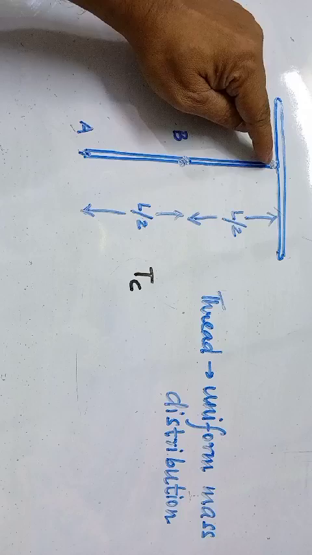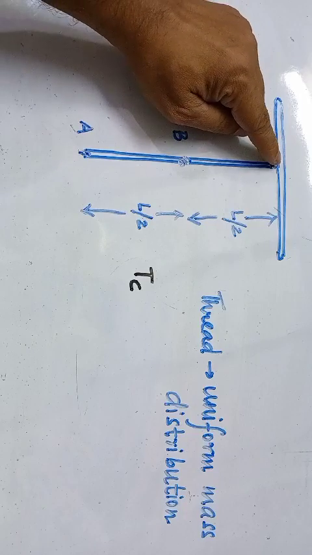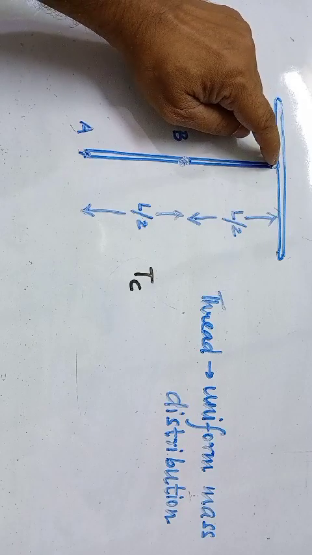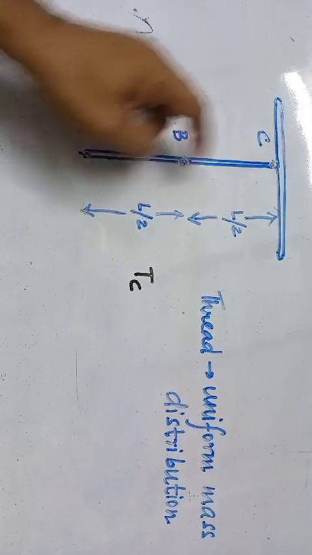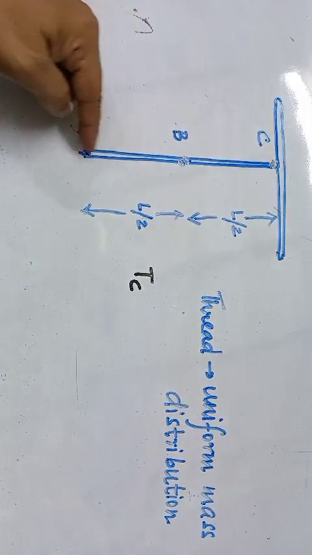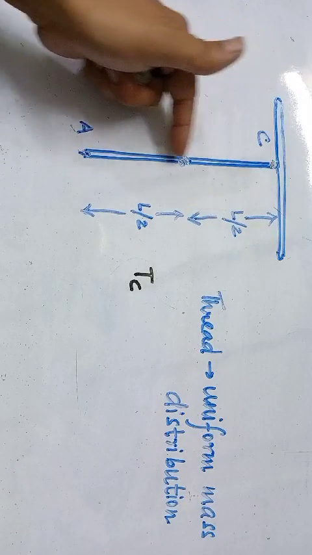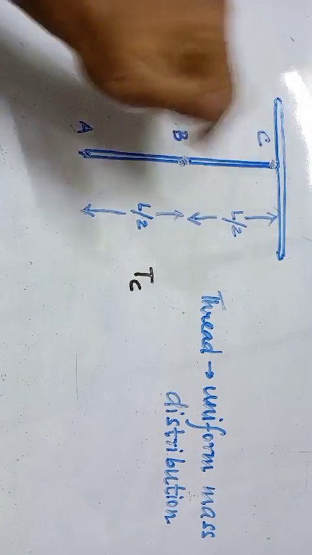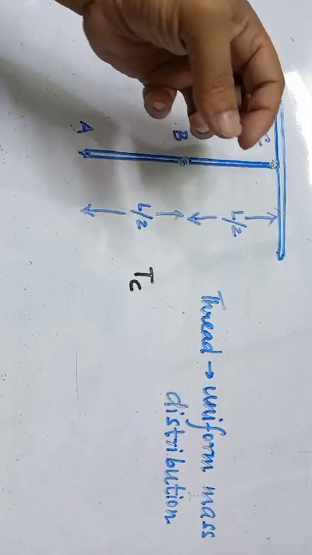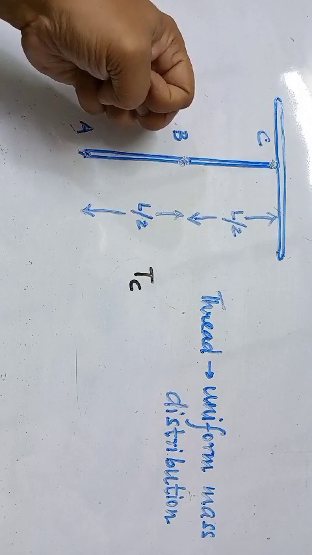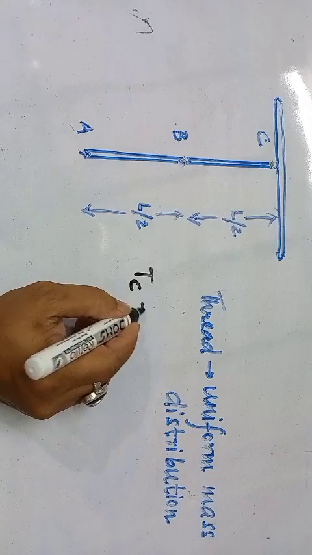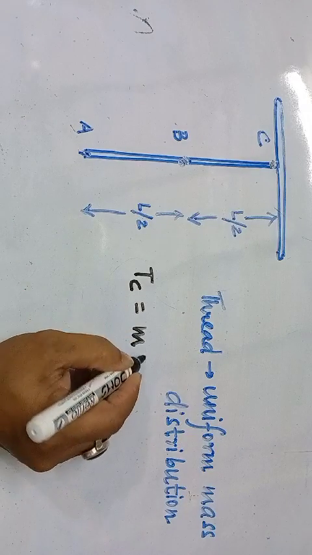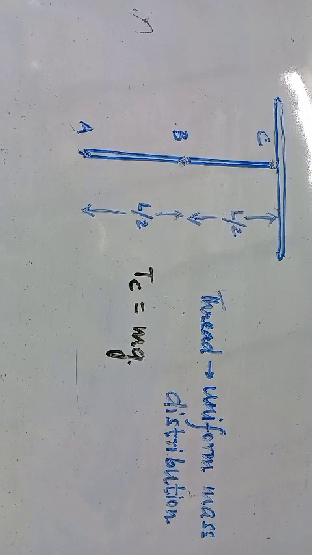Remember, this point C is right at the top of the thread, and it is this point which experiences all the weight of the thread, because 99.9% of the mass of the thread is hanging below this point. So this point has the maximum weight pulling that part of the thread. So we can say that the tension here is equal to the entire weight of the thread, which is mg.